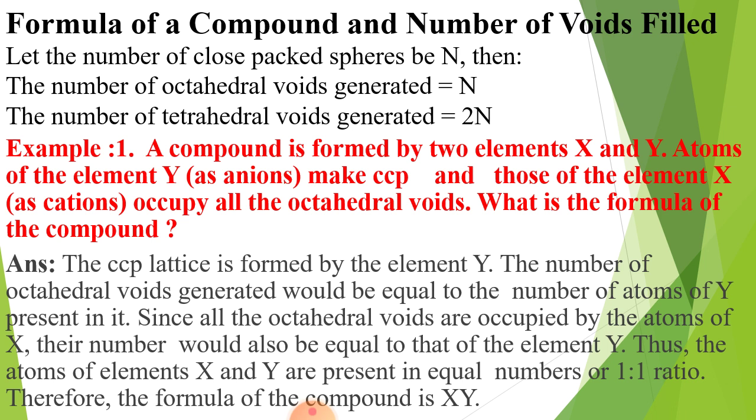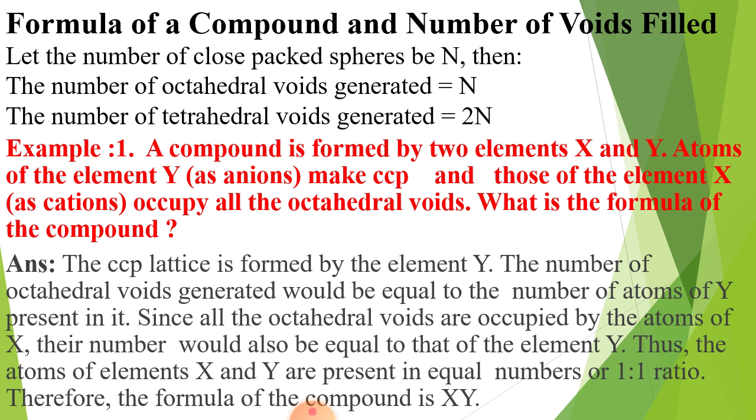So the answer to this question is: the CCP lattice is formed by element Y. So the number of octahedral voids generated would be equal to the number of atoms of Y present in it. That is, if the CCP structure is n, then the octahedral voids are also n.